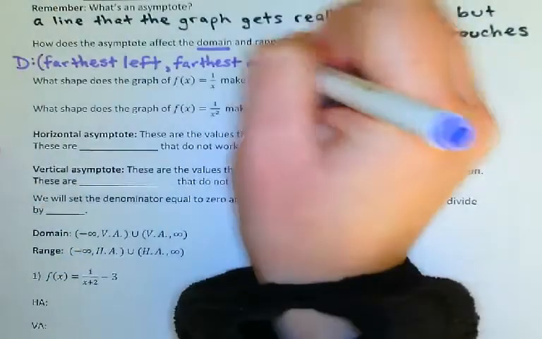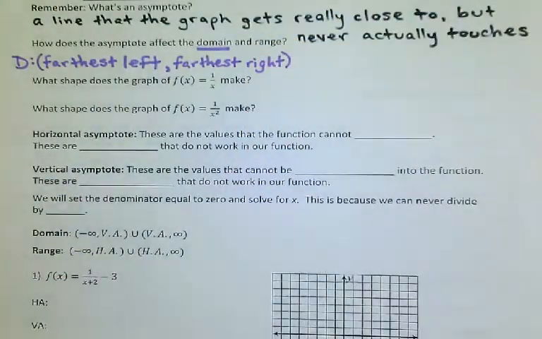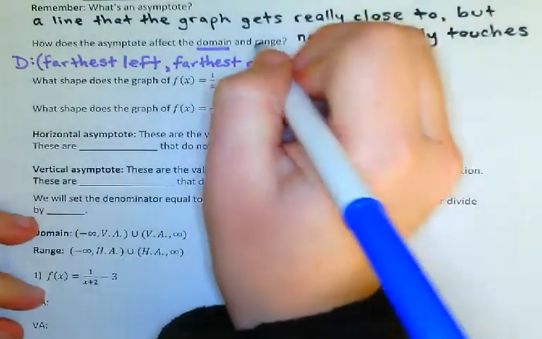If we have to jump over anything, if there's an asymptote in your graph, then we would have multiple parts to our domain.